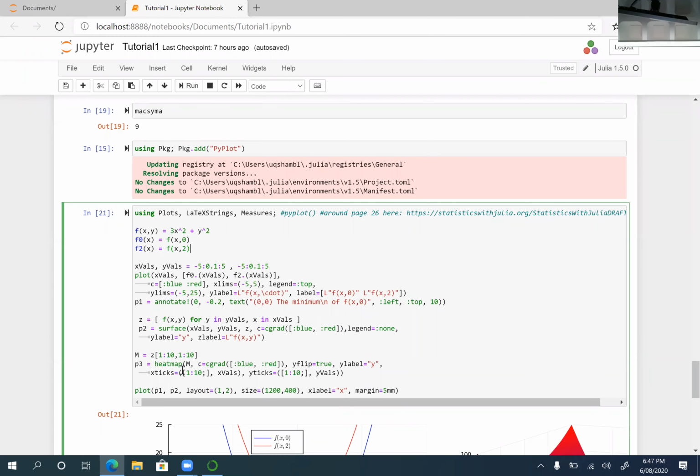So that's the part that I didn't plot there because it didn't quite work out with this Julia 1.5.0. So I removed the commands to plot that below, and I put only plot P1, P2, and I changed the layout to 1, 2 rather than 1, 3, I think. Okay, so let's run this.